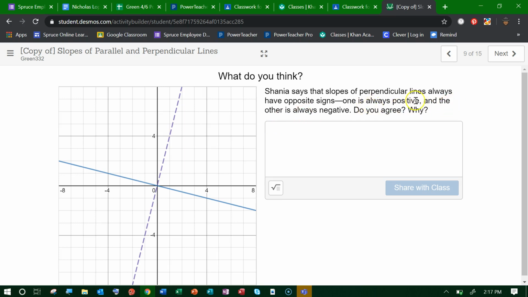Shania says the slopes of perpendicular lines always have opposite signs. One is always positive and one is always negative. Do you agree? Yes.